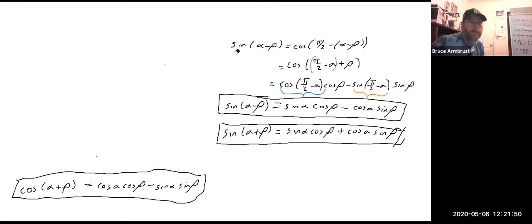But here's what we're going for. I want the tangent of alpha plus beta. Now, the way I'm going to do this, the way I'm going to calculate it, is by making use of that quotient identity. That tangent is sine over cosine.